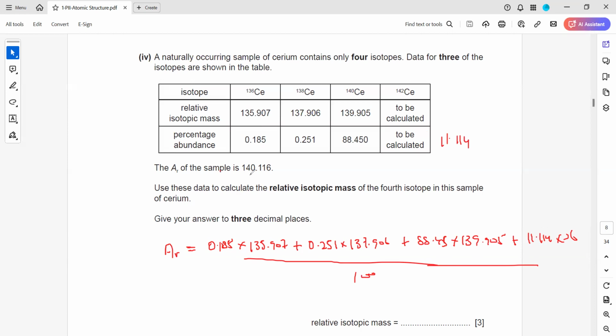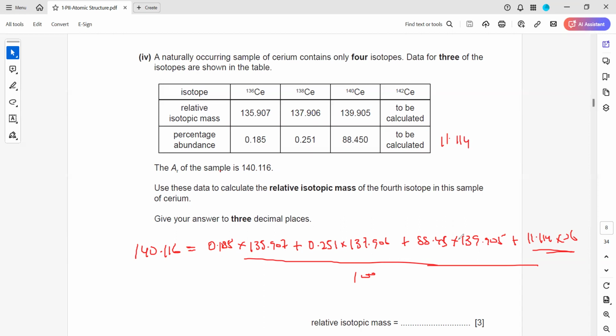And the average mass is already given to us, the mass of the sample, so this will be 140.116. So what we simply have to do is solve for x: multiply, then add them. This 100 will be multiplied there, and this whole sum will be subtracted from the other side, and then at the last divided by 11.114.